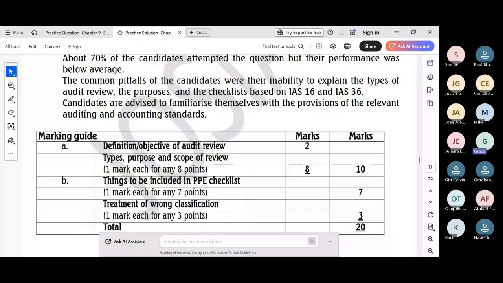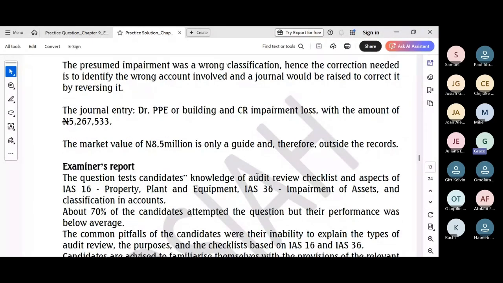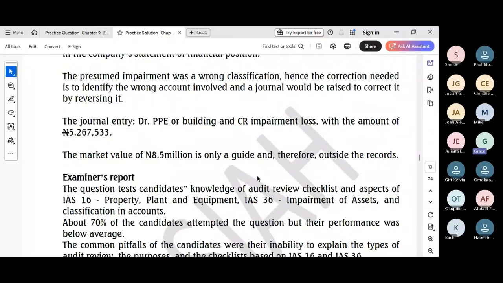Thank you, sir. Talking about correction or the reversal, would I be right to say the journal you're talking about, to indicate in my answer that in reversing it, the management are supposed to debit the asset and credit impairments? Will I be right? Yeah, exactly.